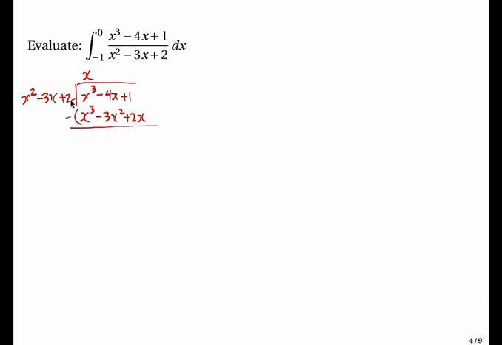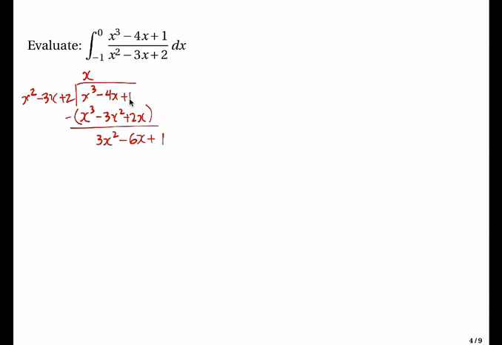So x³ - x³ will disappear. There isn't any squared term, so we just bring this down with the negative applied. So this becomes positive 3x². And then here you have -4x - 2x, that's -6x. And there's no constant term here, so we just bring down the positive 1.